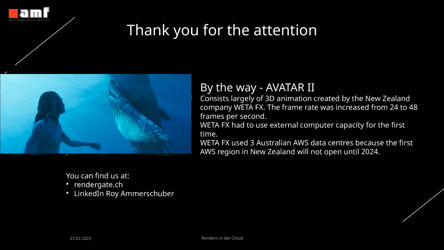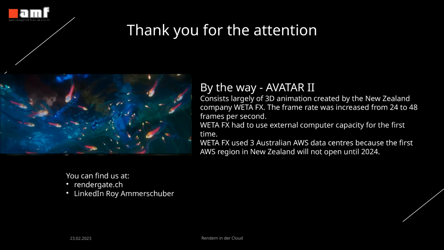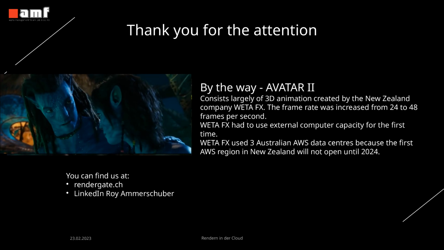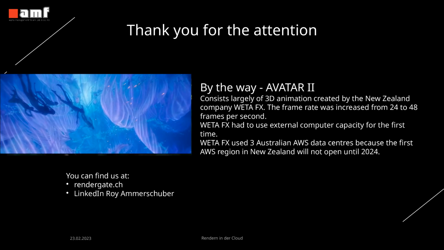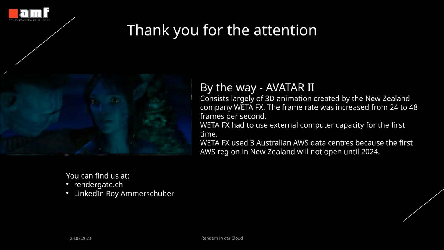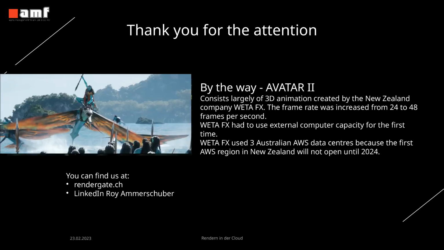This is huge amounts of computing, so of course they offload it also to various clouds, especially they basically rented a whole 3 AWS data centers in Australia just for rendering this one movie.